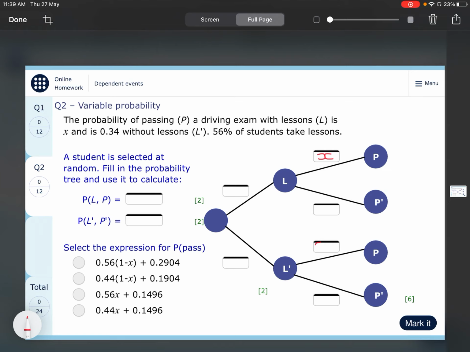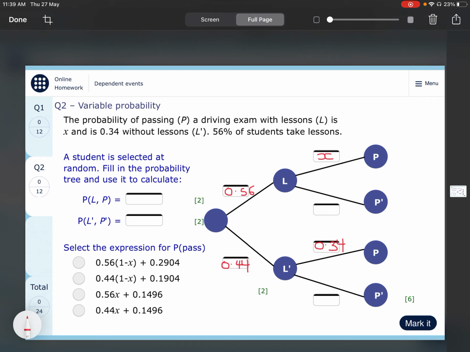So I'm guessing this one has to be 0.34. And it says that 56% of students take lessons. So this means that this must be 0.56 because 56% take lessons. And this must be 0.44 because 0.56 plus 0.44 equals 1.